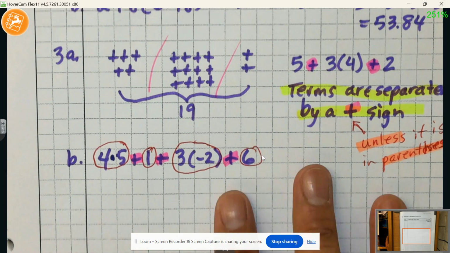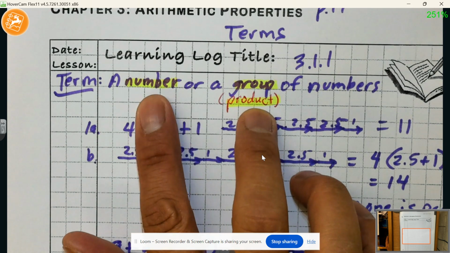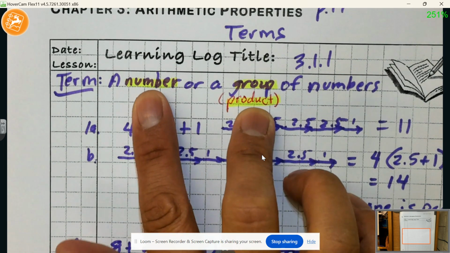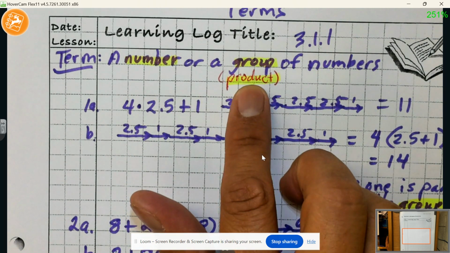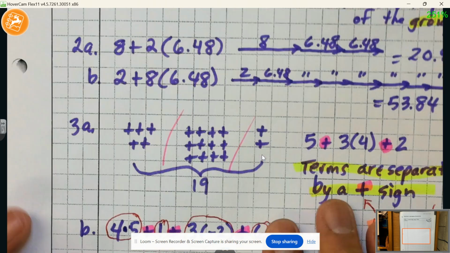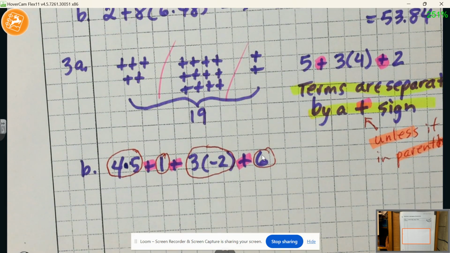And what this helps us to do, if you identify terms, which is not too difficult, just look for the plus signs, is that we're multiplying whenever we need to multiply and always adding last. So we're following the order of operations as we're doing these problems. This allows us to easily get an answer. So there are 4 terms here.